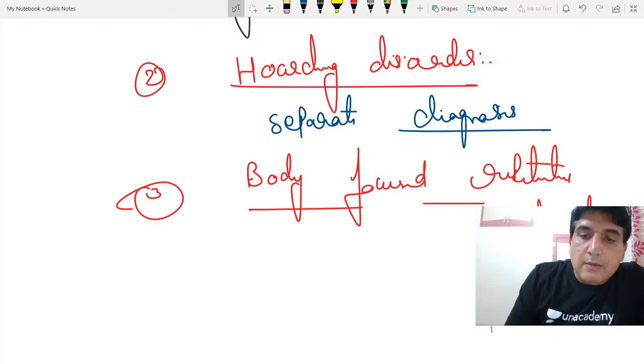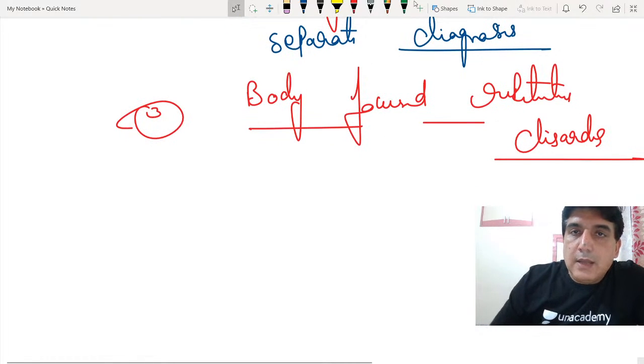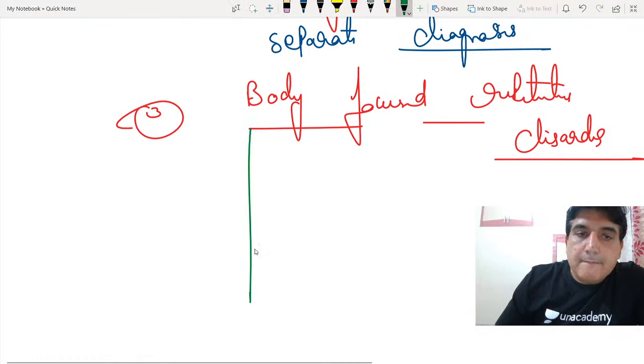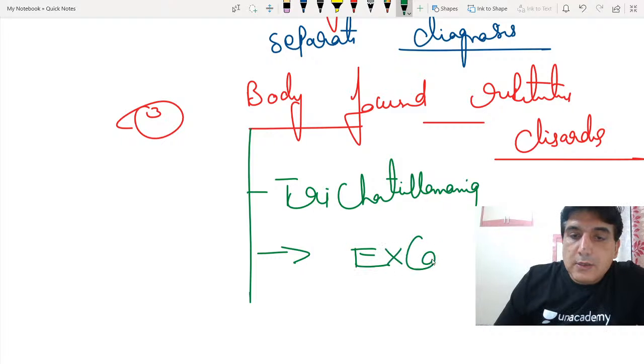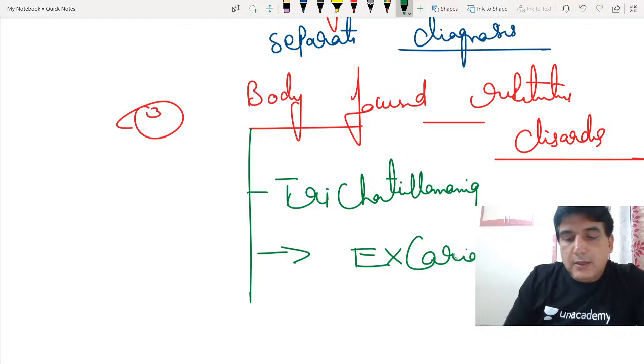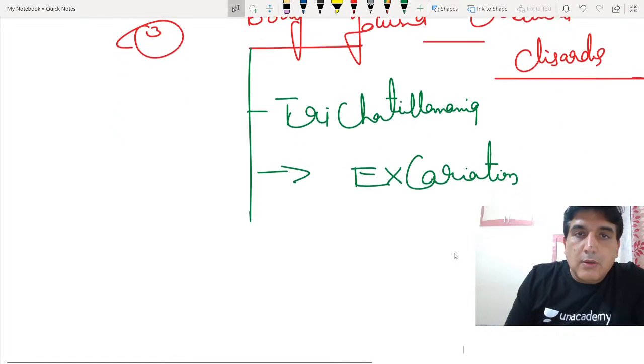In this we have trichotillomania and excoriation. In trichotillomania, the patient has a habit of hair pulling, and excoriation is skin picking.